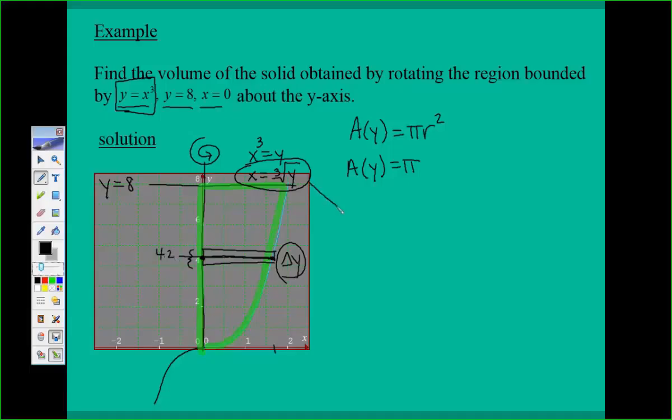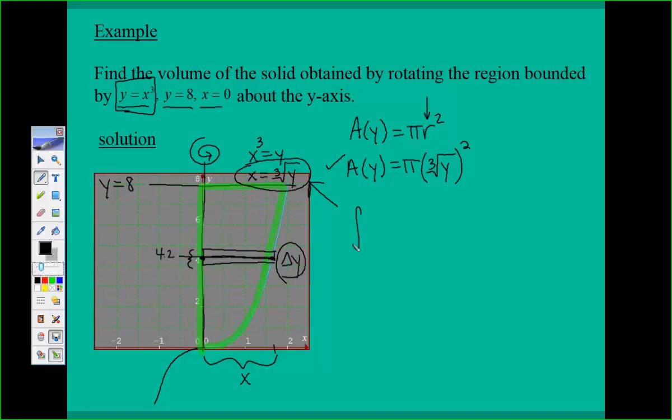If I plug that into here, I would get this x value, which gives me the height of that rectangle. So the radius of that circle would be the cube root of y, squared. So we're just replacing r in terms of y. And again, this is the challenging part right here. Once we have that, we can set up our integral.